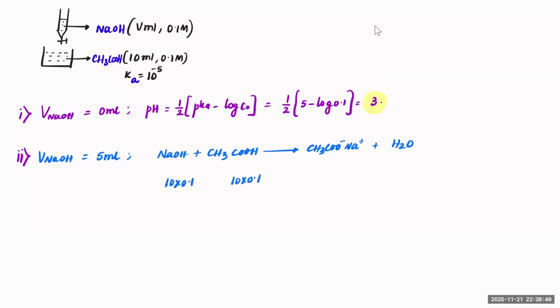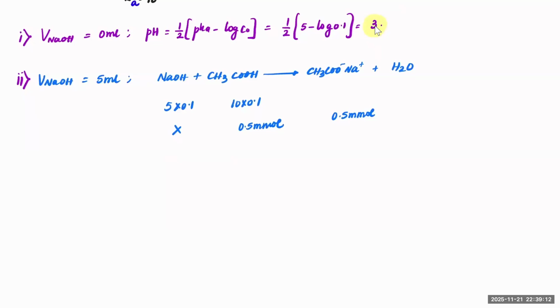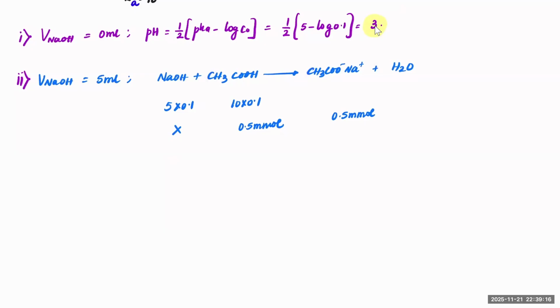So the NaOH will be over with, correct? And what about the acid? This will be left with 0.5 millimoles and you'll have 0.5 millimoles of the salt. So you can notice that we have a weak acid and its conjugate base salt. So what has this become? An acidic buffer.